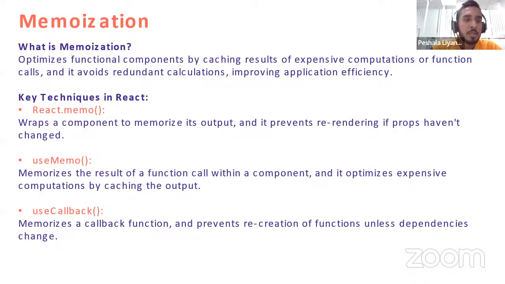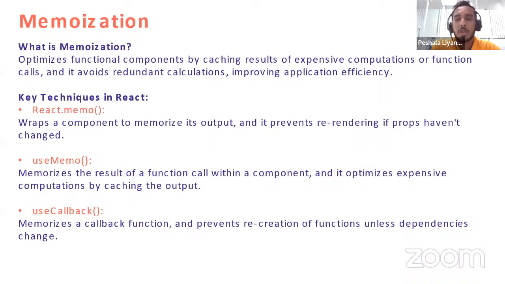Let's go through these key techniques and I'll explain what each does. React.memo caches the output of a functional component, and it stops the re-rendering. It prevents the re-rendering of components in the application.